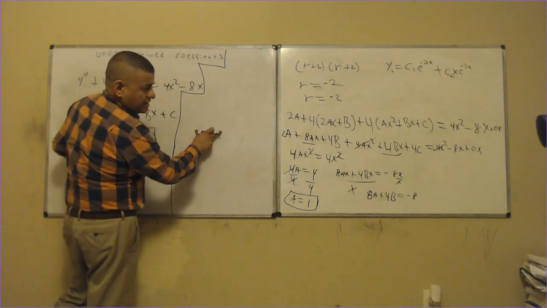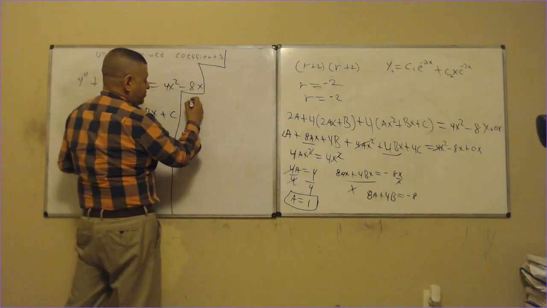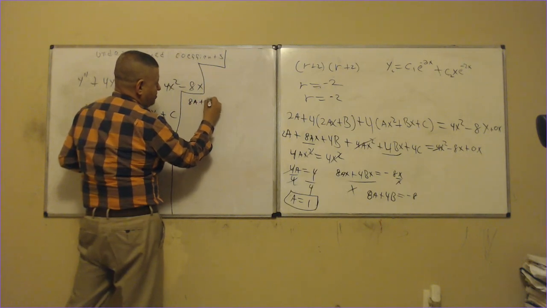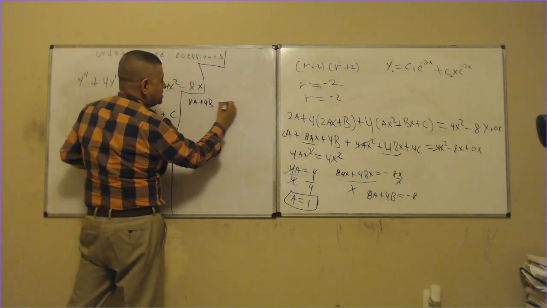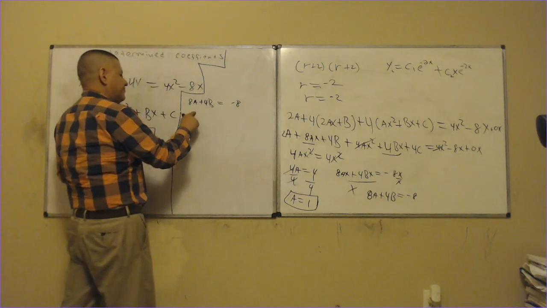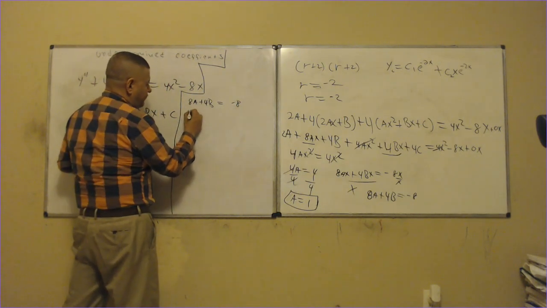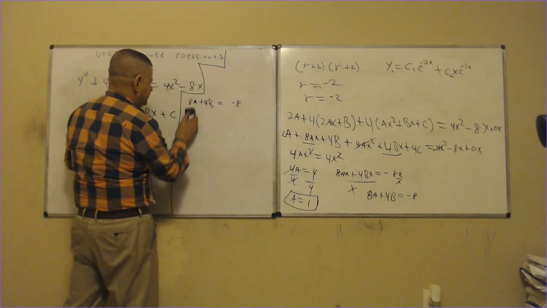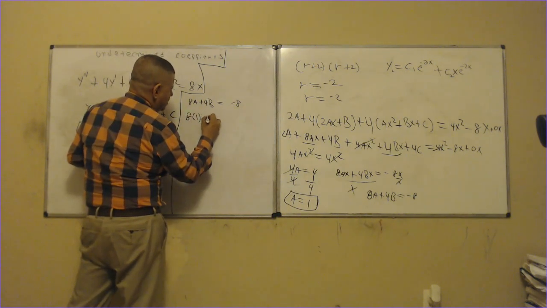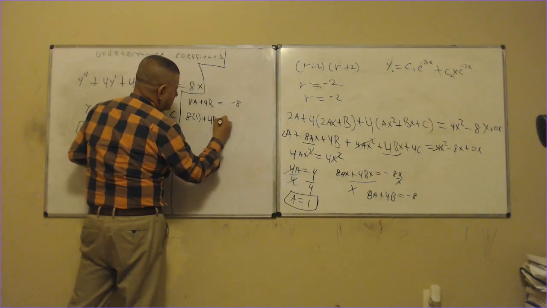Let me do 8a plus 4b is equal to minus 8. I got a equal to 1, so I get 8 times 1 plus 4b is equal to minus 8.